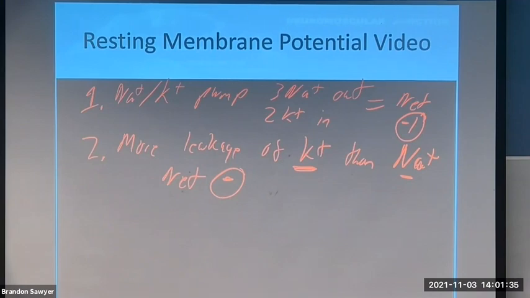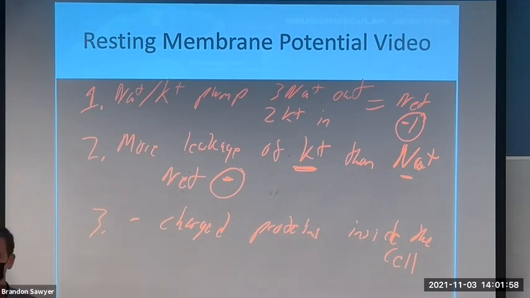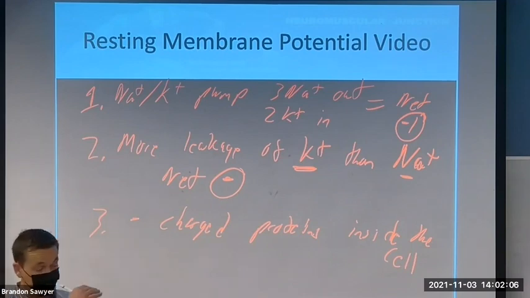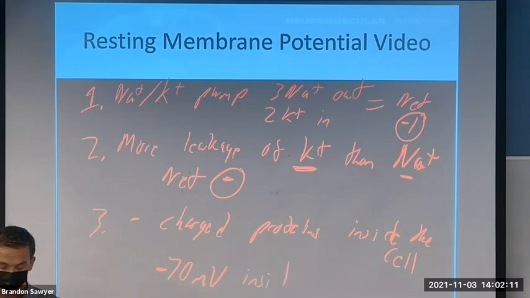And third, the one we already said, is the negatively charged proteins inside the cell. When we put all those 3 things together, the cell is negatively charged. So when a cell's at rest, when it's not being activated by the nervous system, or if it's the nervous system cell itself, when it's not being activated, we have that -70 millivolts of charge on the inside of the cell.